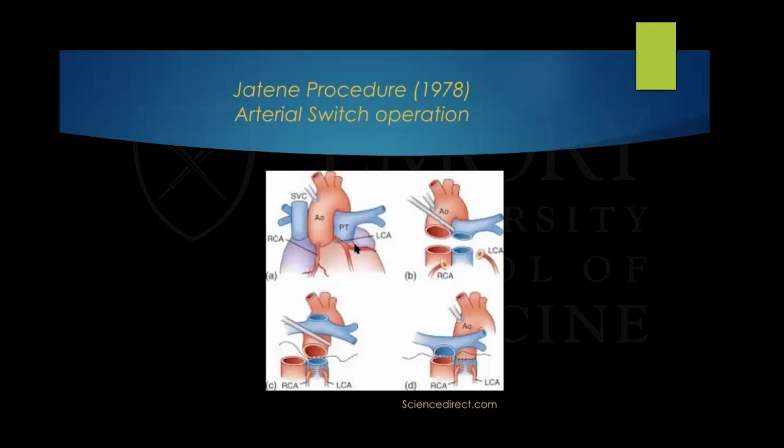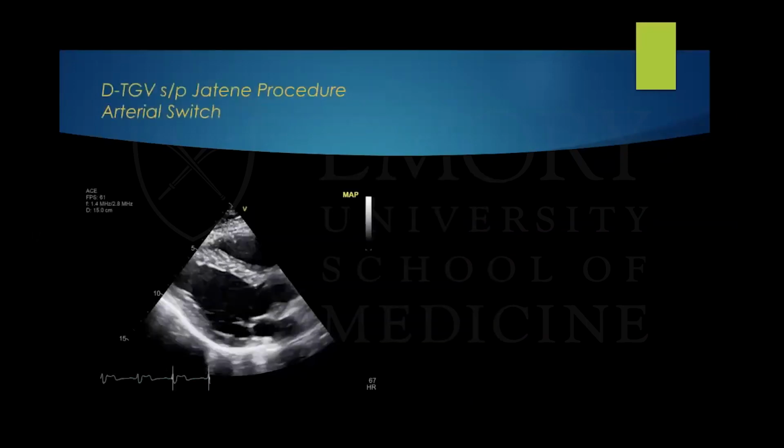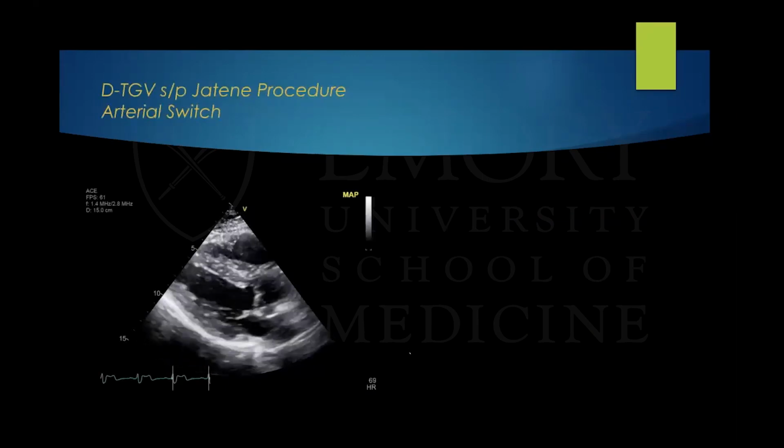What is done is they take the coronaries and reimplant them into the pulmonary artery, but the arteries above are switched. So they leave the trunks of the valves, they dissect the vessels above, and then they switch it. So now you'll see that the echoes will look pretty normal.